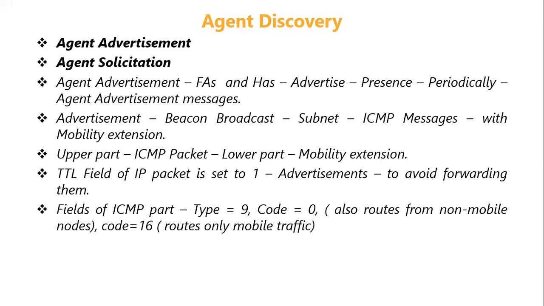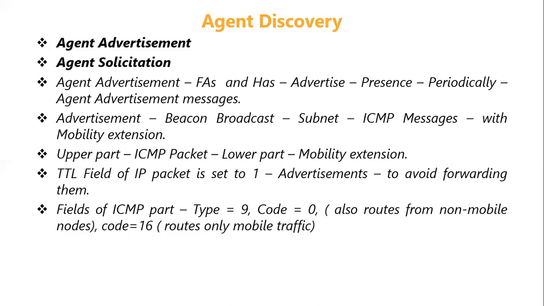The fields of the ICMP packets are as follows. As we already discussed, the advertisement packet contains two parts: the upper part is the ICMP packet and the lower part is for mobility extension.